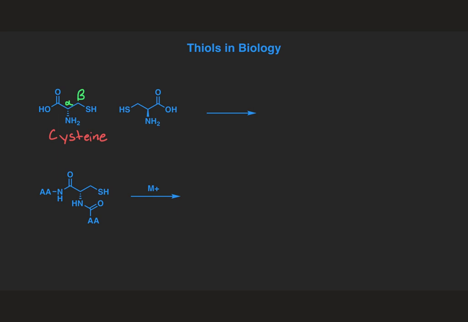So cysteine is an amino acid that has some important implications in the tertiary and quaternary structure of proteins. And so cysteine residues can be oxidized inside a protein. And when this undergoes oxidation, you form what's called a disulfide bond. And a disulfide bond is similar to a peroxide bond or an OO single bond, except that it's sulfur instead of oxygen.